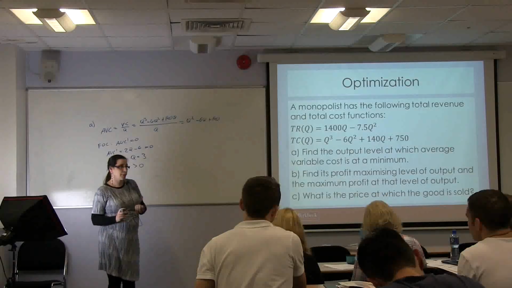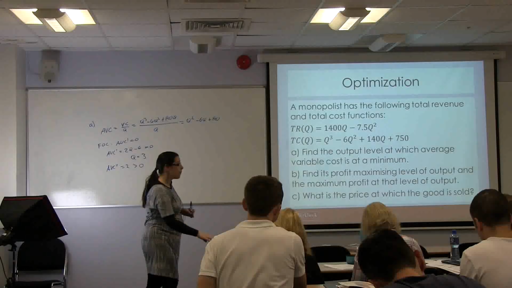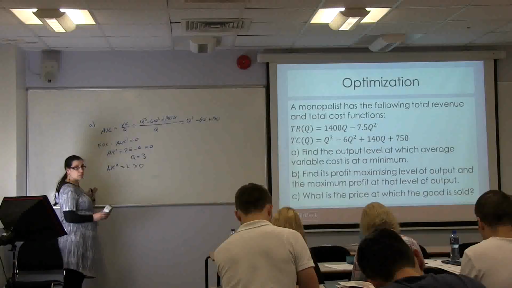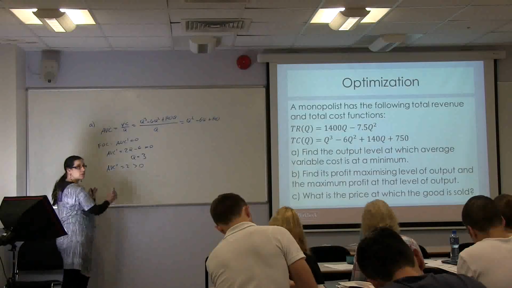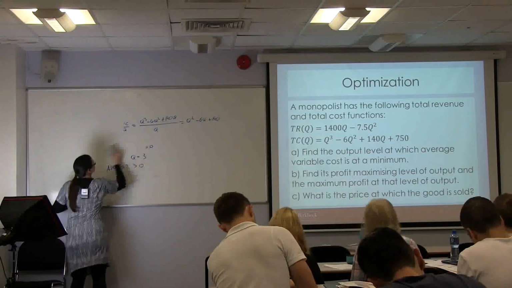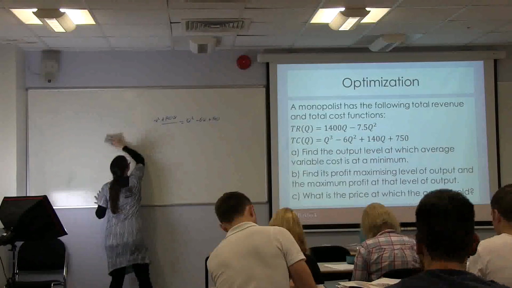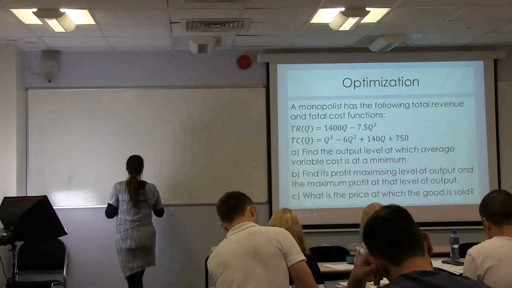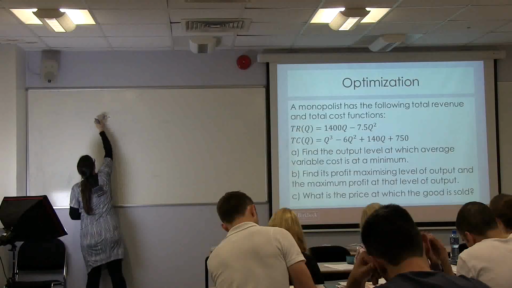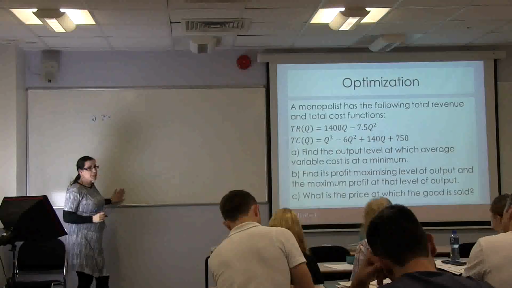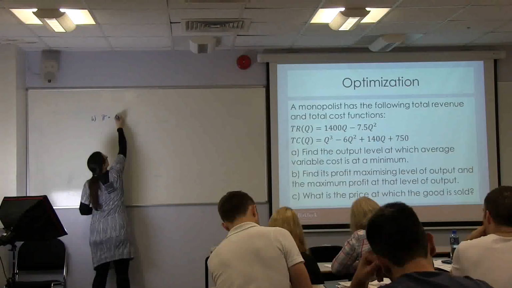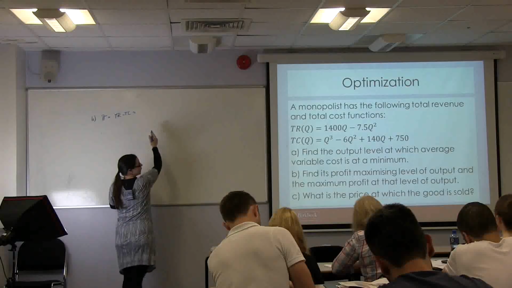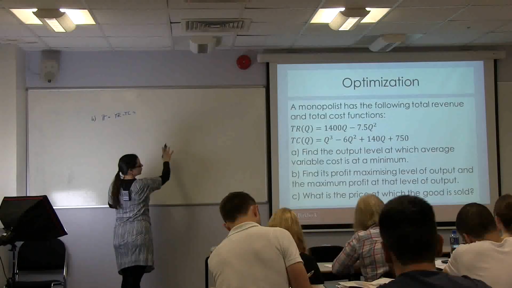The next question is the profit maximizing level of output and the maximum profit. Okay, can I rub the board off? So profit, how do you calculate the profit? And luckily I don't have to calculate anything in here because I know all the total revenue and the total cost.